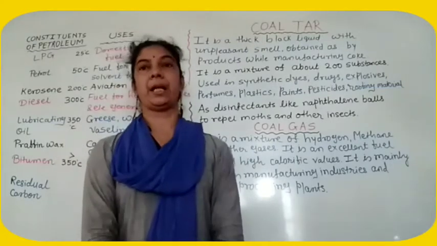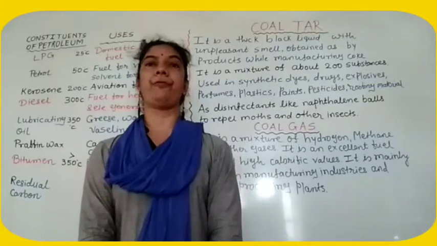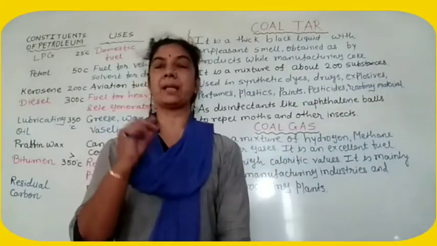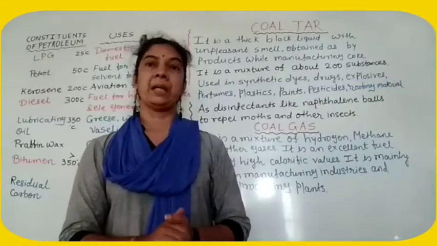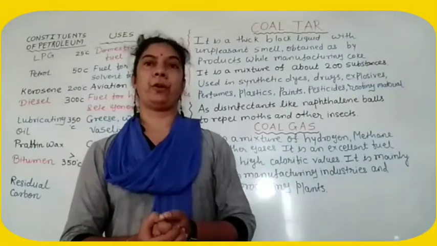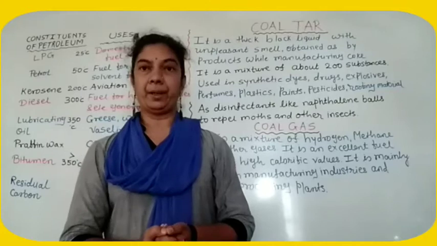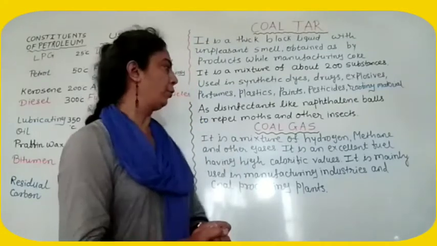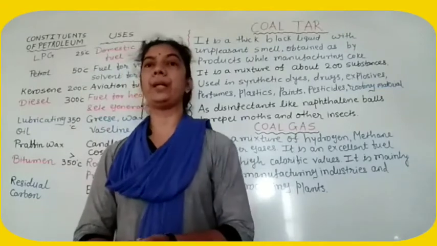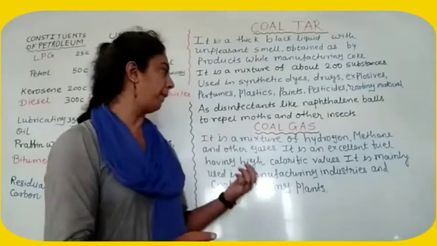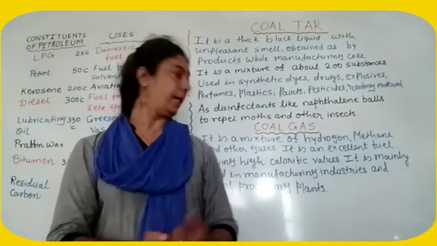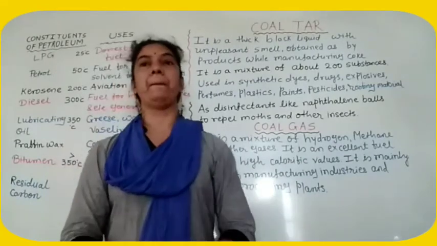It is having very high calorific value, that means it is very efficient, and a less amount of that fuel gives us lots of light. It burns with flame, and that's why it is used in so many products, but mainly it is used in manufacturing industries and coal processing plants.